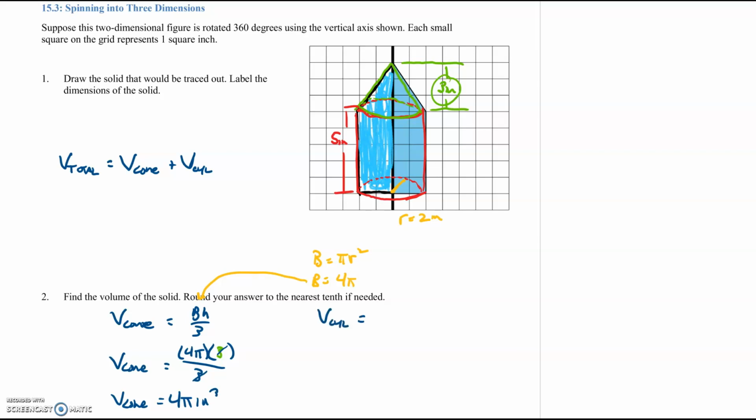Now let's find the volume of the cylinder. So the volume of the cylinder is just the area of the base times the height. Well, good news, that base is the same. So the volume of this cylinder is equal to the area of the base, which is 4 pi, times the height of my cylinder, which is 5.